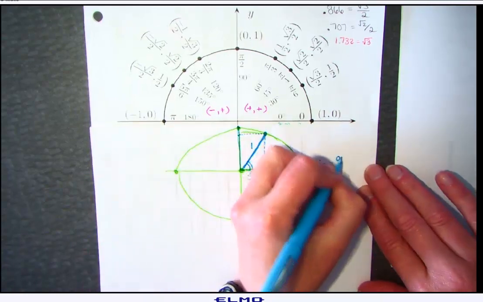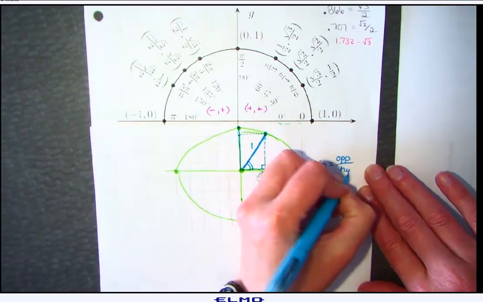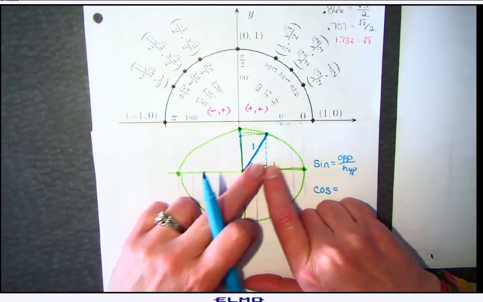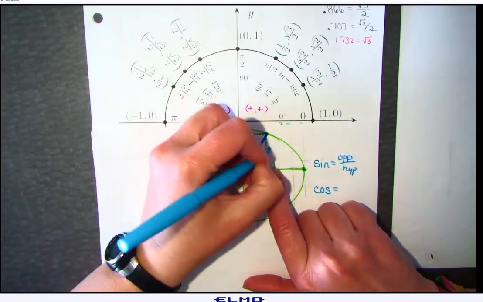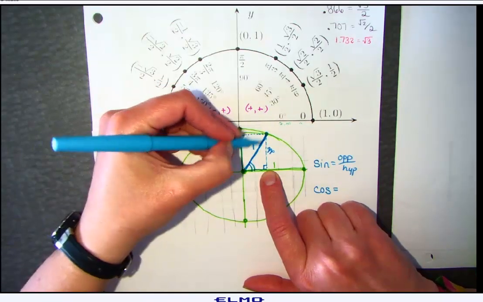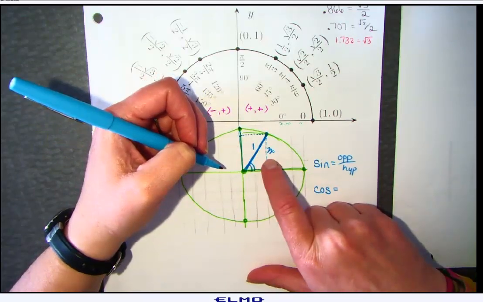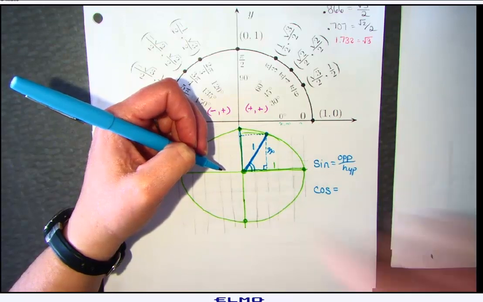Sine is the opposite side over the hypotenuse. So the sine of this angle is the opposite side over the hypotenuse. But the hypotenuse is just 1. So it's really just the opposite side of that triangle.